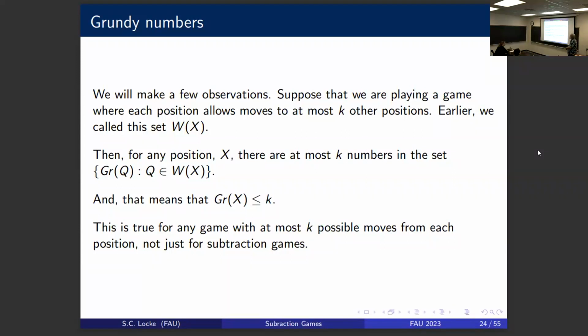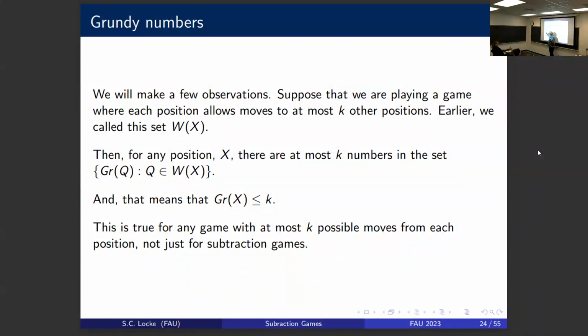Okay, so I'm just going to make a few observations here. Suppose we're playing a game where every position allows moves to at most k other positions. I call that set W of X. When I take the position X, if there are at most k other positions we can get to, there are at most k numbers in that set of Grundy numbers for the things that I can get to.